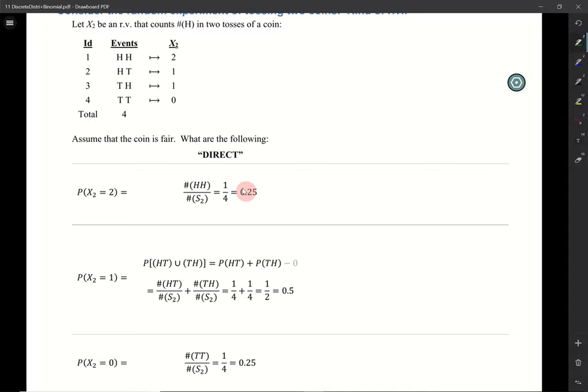Other way? So if you think about it, we have heads, followed by heads. So we have 2 tosses.